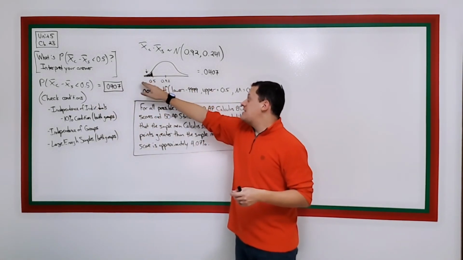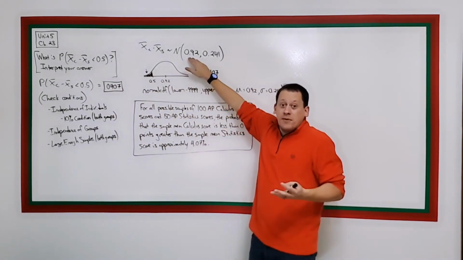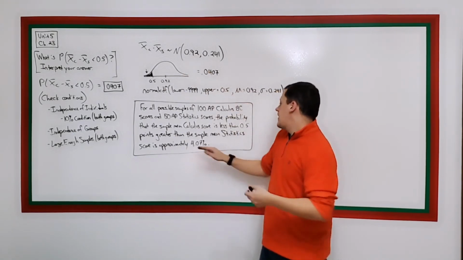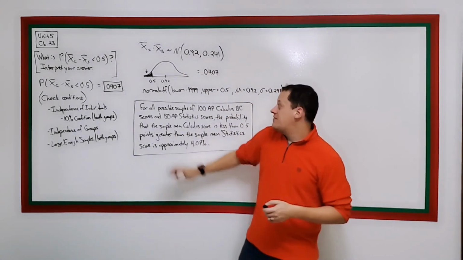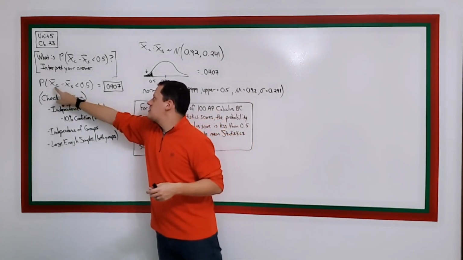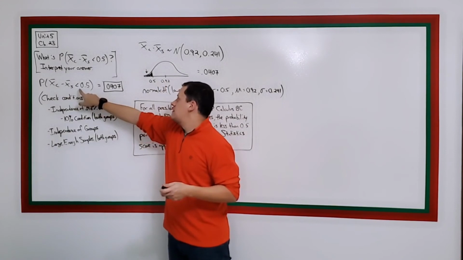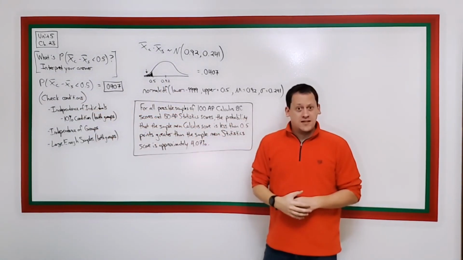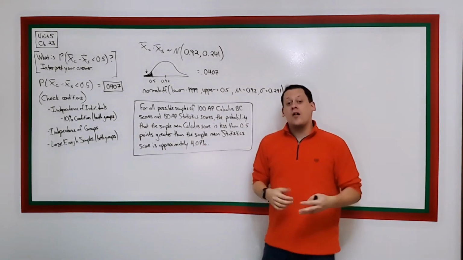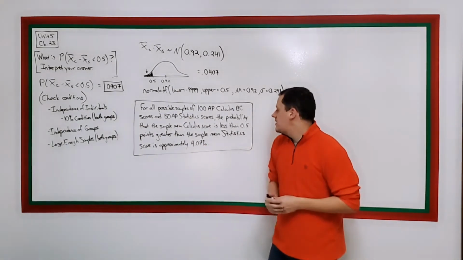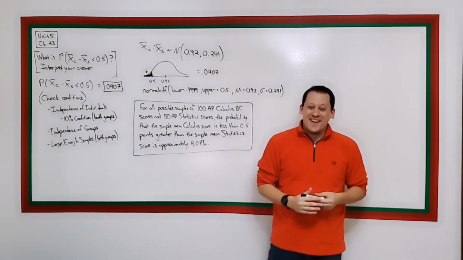It's not going to be too many samples because the typical sample mean difference is almost 1. Okay, so not very often. If this had been 0, what's the probability that the sample mean calculus score is smaller than the sample mean statistics score? This number would be even smaller. It might be very, very close to 0, actually. But that's beyond the scope of what we're doing here.